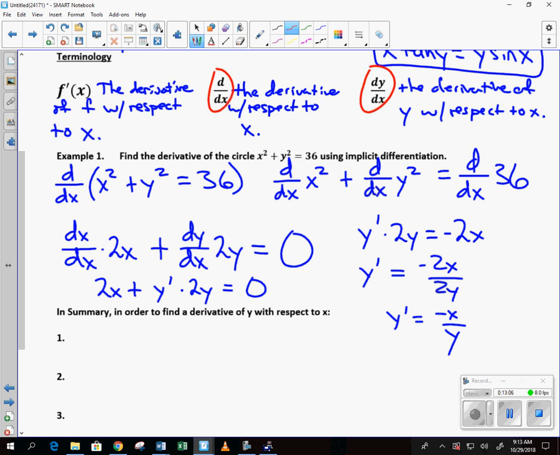This does not produce a y prime, okay? As I did the derivative with respect to x, derivative with respect to x, derivative with respect to x, I just chose that because I was going to end up producing a y prime. You could actually do derivative with respect to y and produce an x prime if you so chose. It's really not necessary.